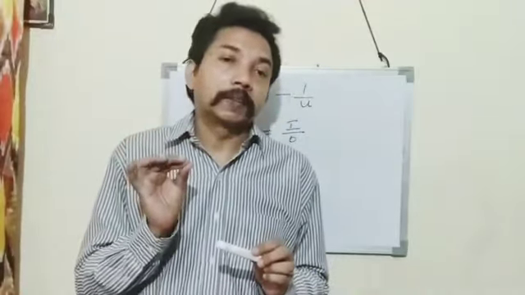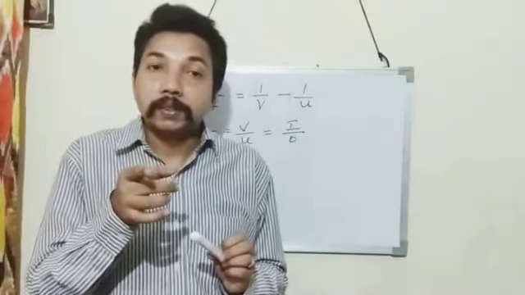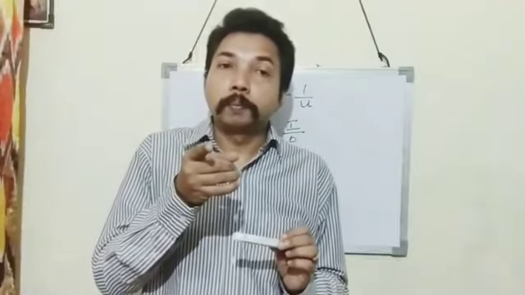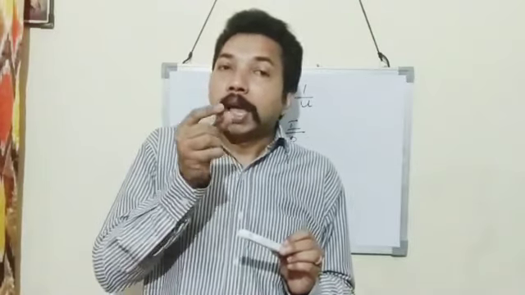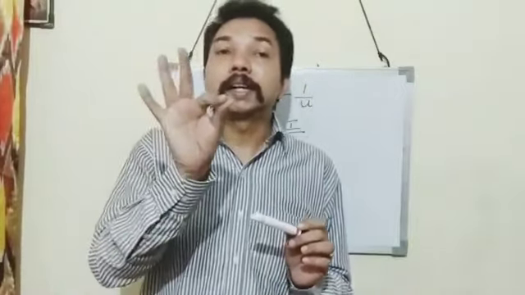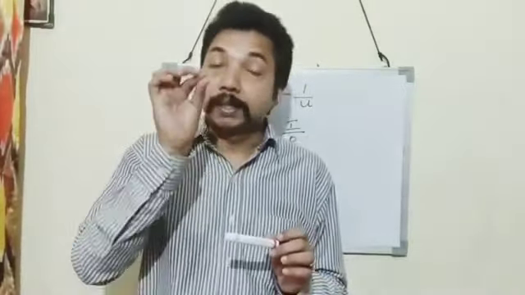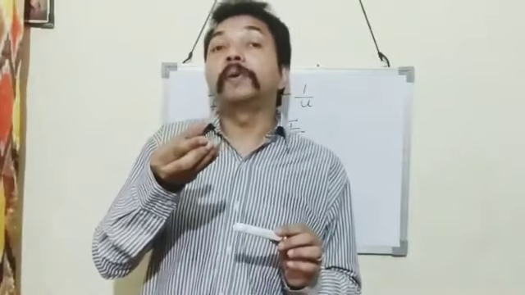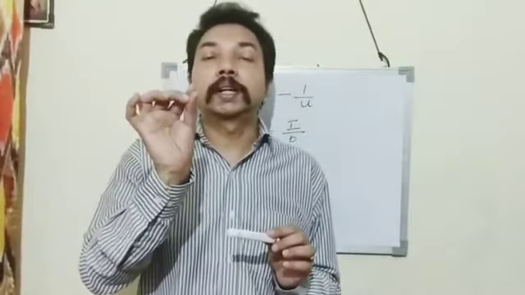Distance is always measured from the optical center, along the principal axis. The distance which is measured in the direction of the incident ray is taken as positive, and the distance which is measured opposite to the direction of the incident ray is taken as negative.